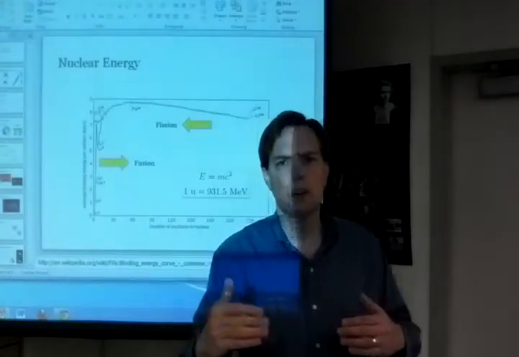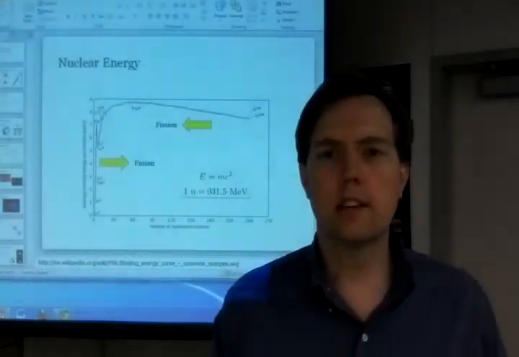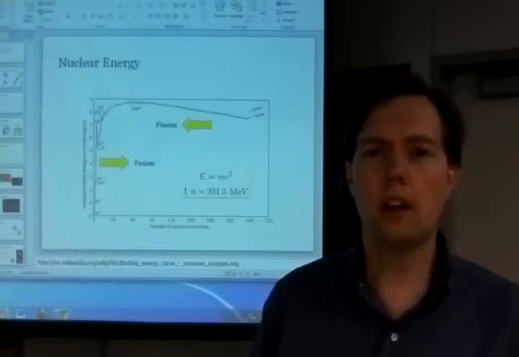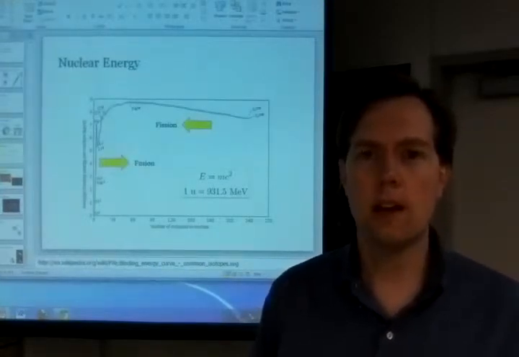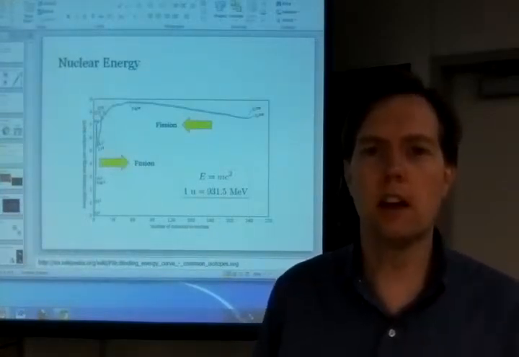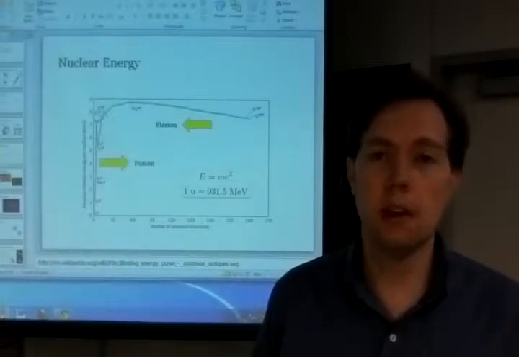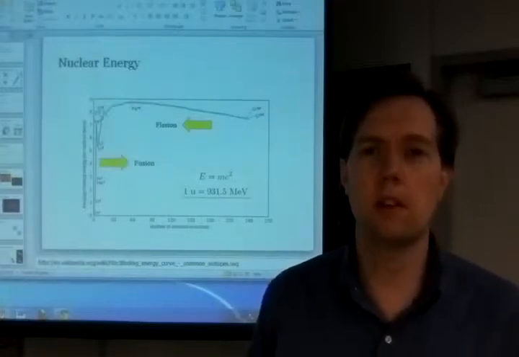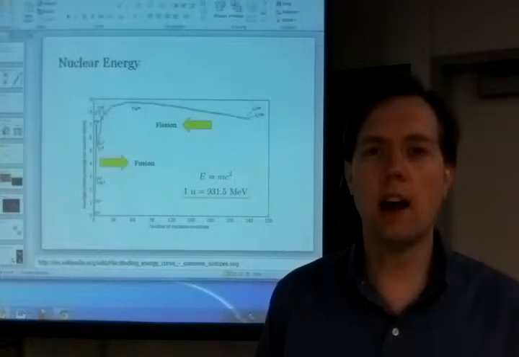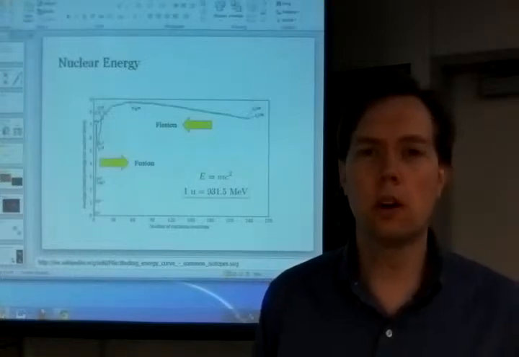That difference is then released as the kinetic energy of the reactants. That kinetic energy I can then use as heat. Maybe I use it in a steam engine or something like that. And that's actually how nuclear reactors work.